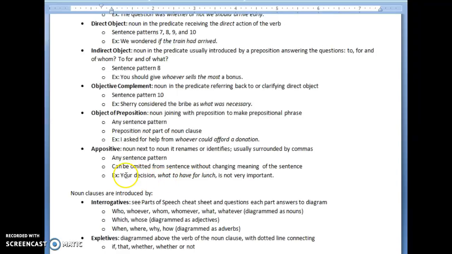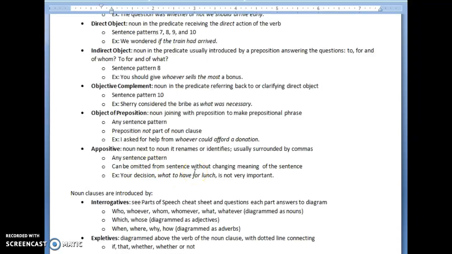An example is, your decision, what to have for lunch, is not very important. So we could take that noun clause out, and the sentence would read, your decision is not very important. Makes sense. This little appositive in here is just to clarify what decision we're talking about.